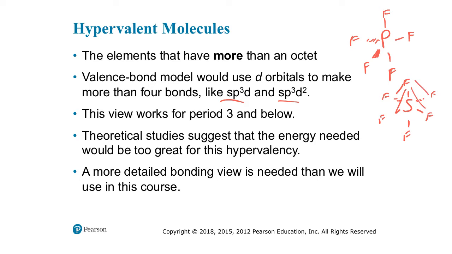So we have 5 substituents on phosphorus. Now, some books used to talk about how that phosphorus could be said to be sp3d hybridized. We're going to take one of the 3d orbitals and mix it in, and so we're just going to get orbitals pointing in the direction of the trigonal bipyramidal structure. And then for the sulfur, we could take a second d orbital for an sp3d2 hybridization.